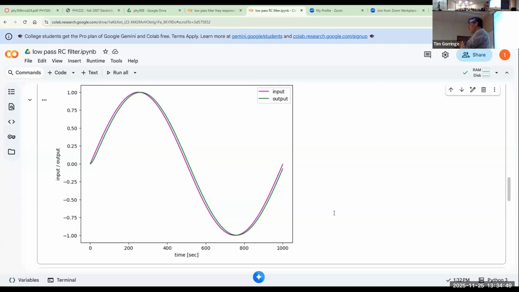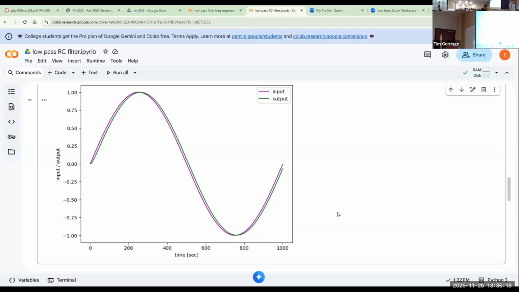So the output is not exactly the input for this frequency. It's close to being the input, but not exactly the input because there's a small feedback. And it's that small feedback that means that the output gain is not quite one, and that the phase is slightly delayed, not exactly the same.